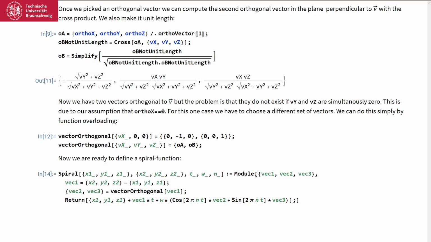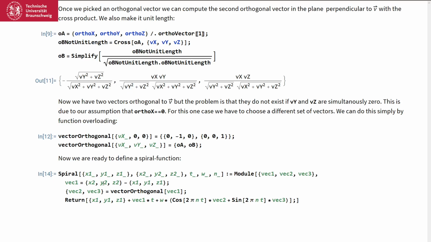So we make a scope, and inside the scope, this first argument that we have here is the list of local variables that are scoped. So they disappear. We define them here, and they will disappear later. And now what we are doing is we take the end vector minus the start vector.